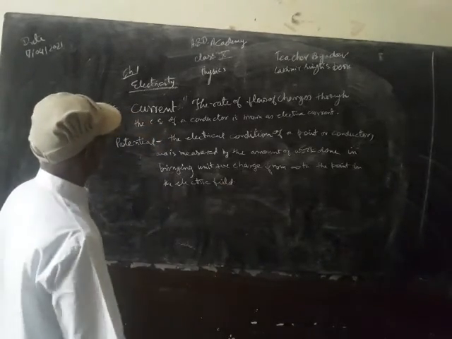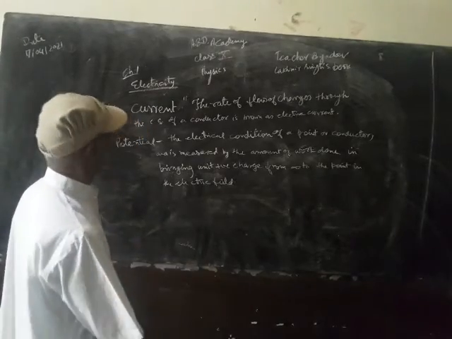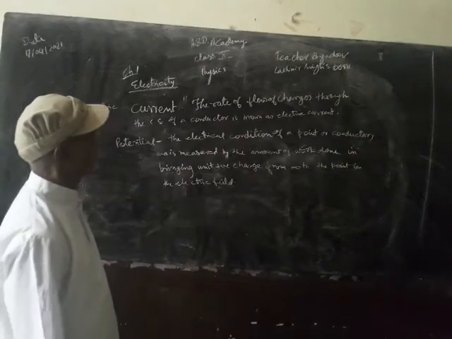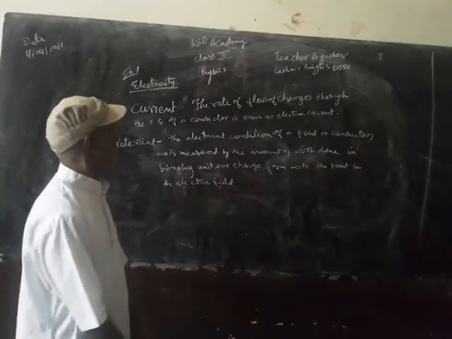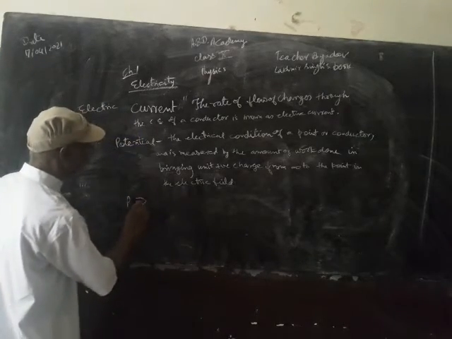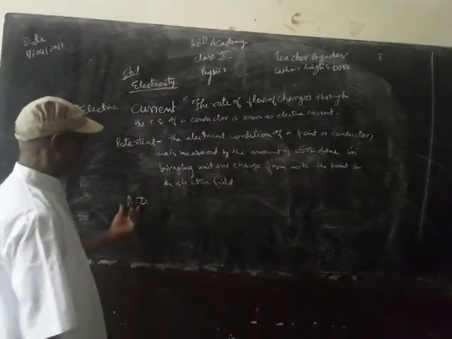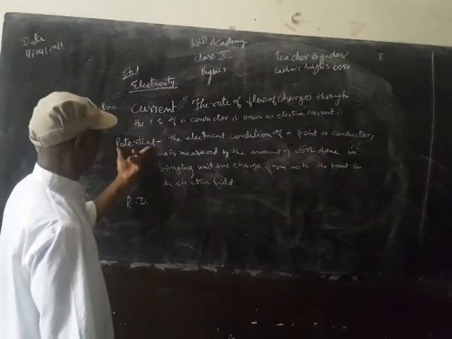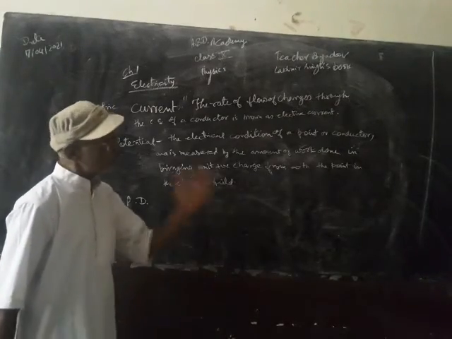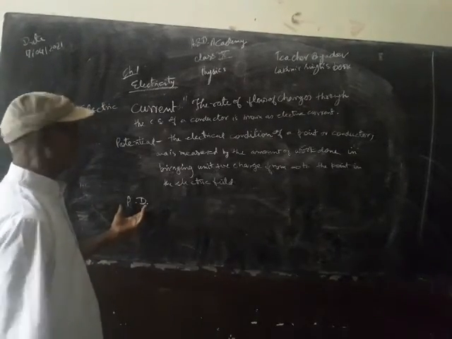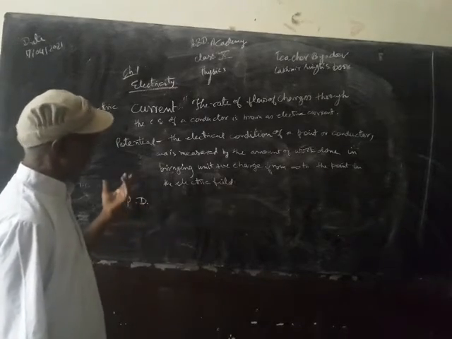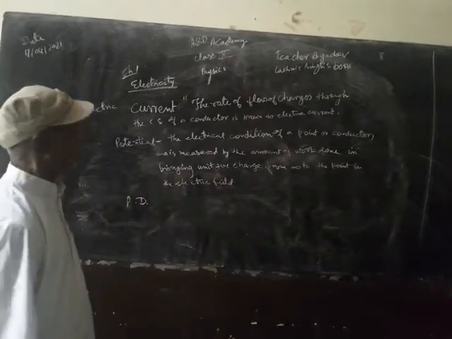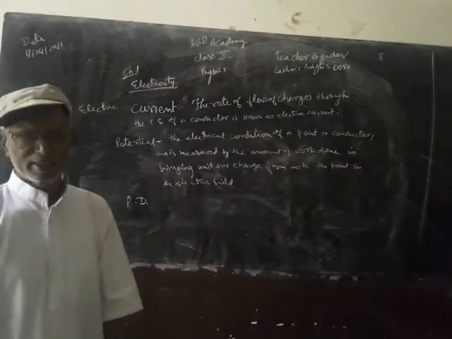The unit of potential or potential difference is volt. What is potential difference? The difference between the potentials of 2 points or 2 conductors in an electric field is known as potential difference, and it is measured by bringing a unit positive charge from one conductor to the other in the electric field.